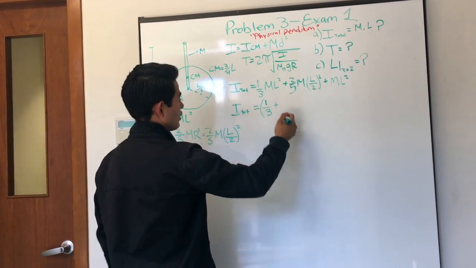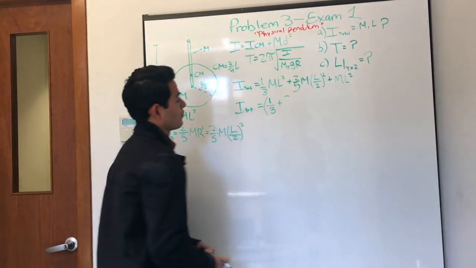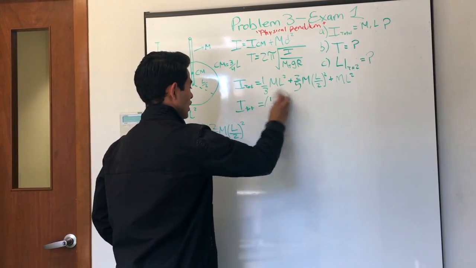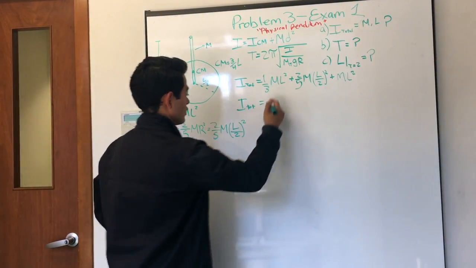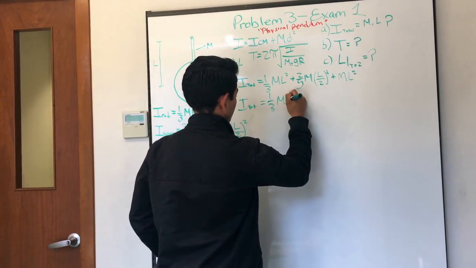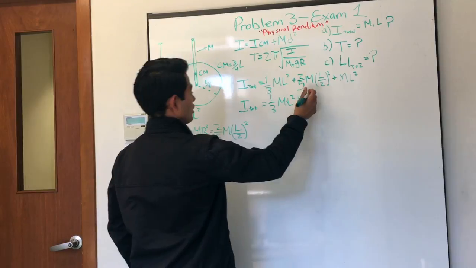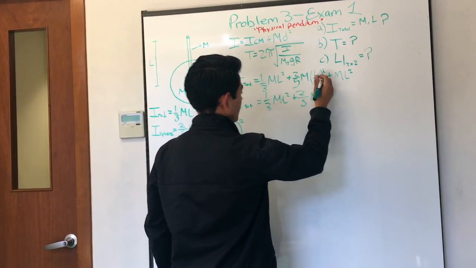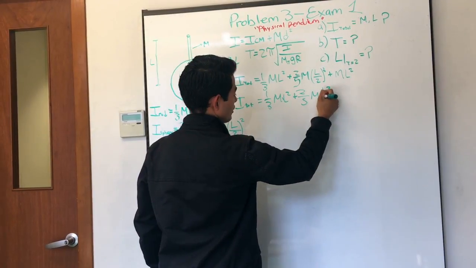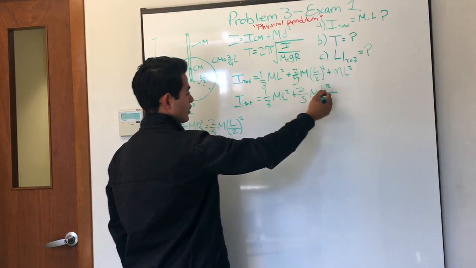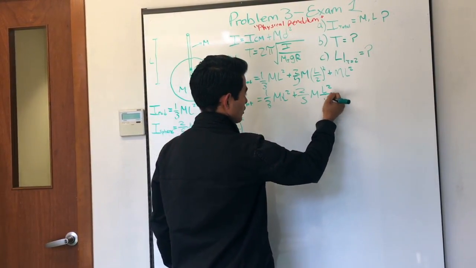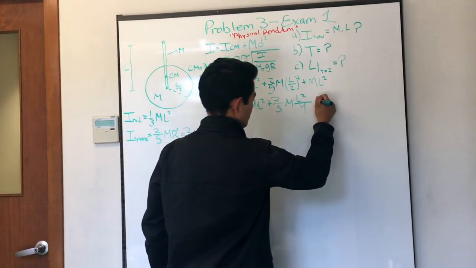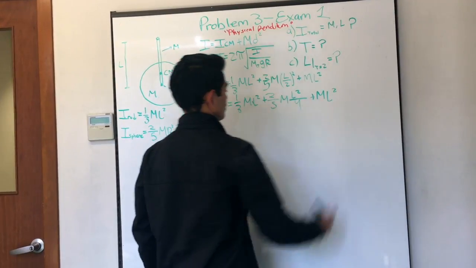First I will rewrite the second term: L over 2 to the second power is L squared over 4.